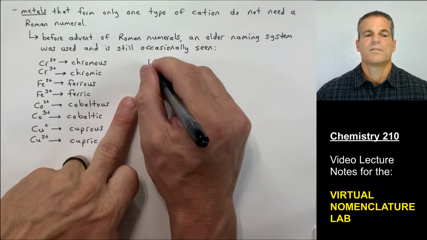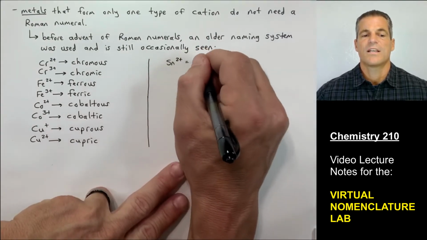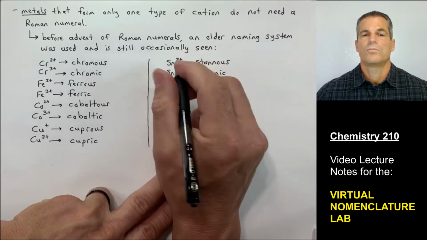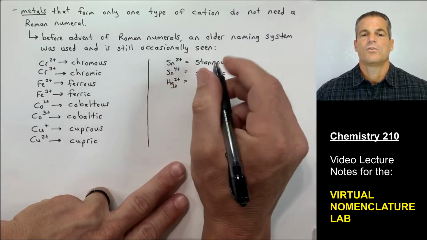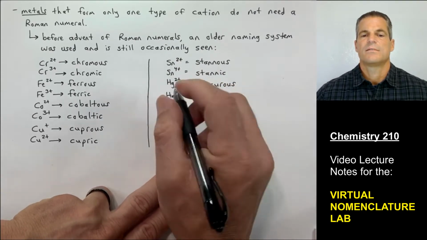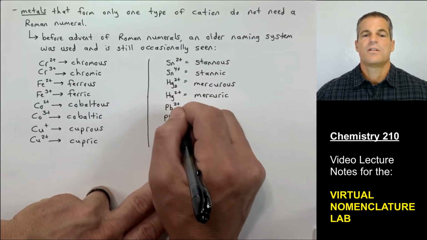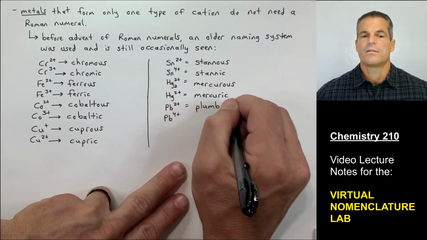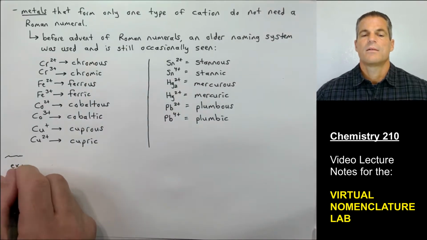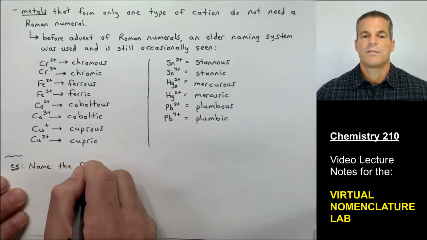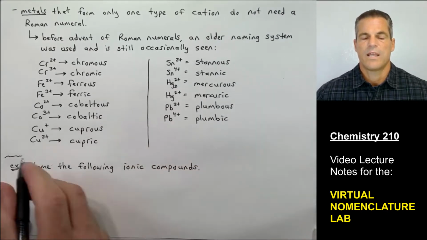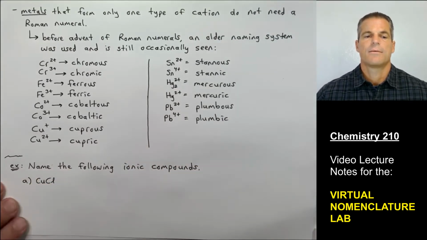Co2+ cobaltous, Co3+ cobaltic, Cu+ cuprous, Cu2+ cupric, Sn2+ stannous, Sn4+ stannic, Hg2 2+, that's the mercury 1 ion, mercurous, Hg2+ mercuric, Pb2+ is plumbous, Pb4+ plumbic. Okay, so we're using the Latin names here for the -ous and the -ic.